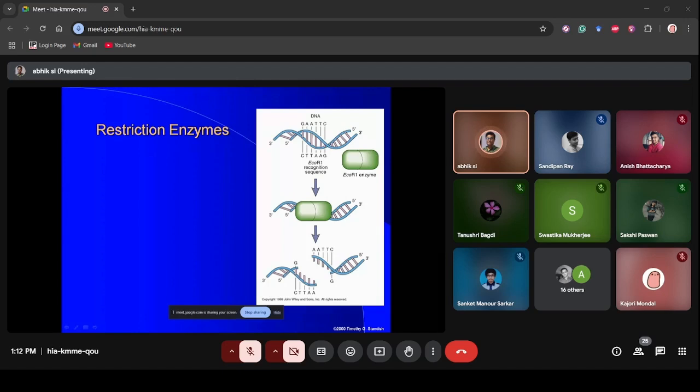Each nucleotide has one sugar. This sugar can make a phosphate bond with the sugar of the next nucleotide, and in this way sugar, phosphate, sugar, phosphate bonds are there, and from each sugar one base, either G, T, C or A, is attached. In this way a single strand is produced, and its complementary strand is joined by hydrogen bonds.